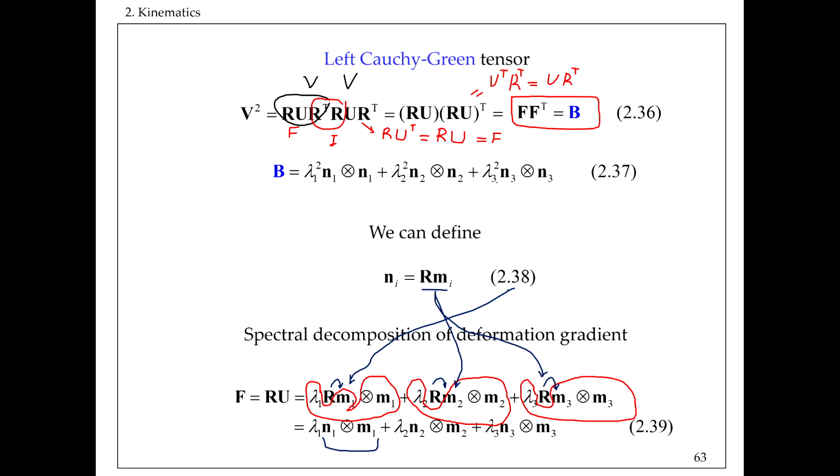If we go back to the right Cauchy-Green tensor, then we obtain the dyadic products of vectors m, which are the principal directions in the undeformed configuration, so they don't have this mixed-up situation. Therefore it's important for us to use either B or C, the left or right Cauchy-Green tensor, as we continue defining the ways the material behaves.